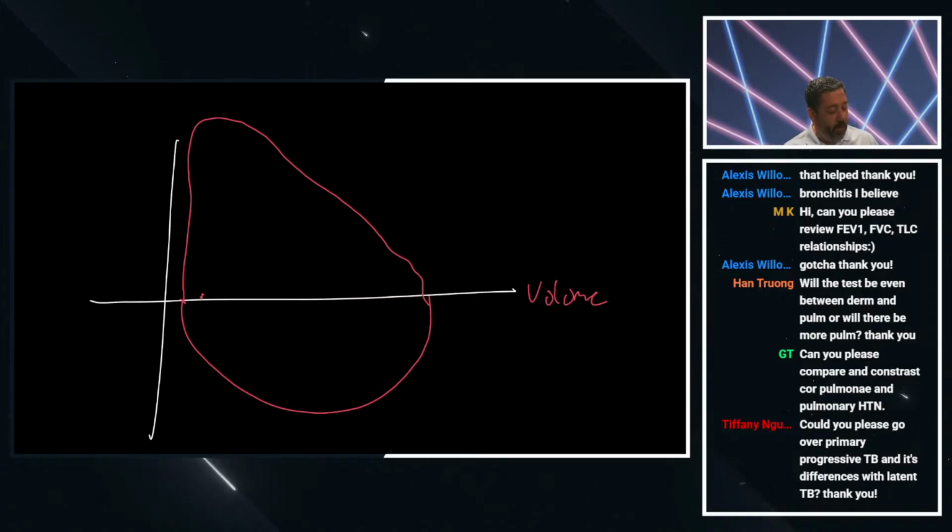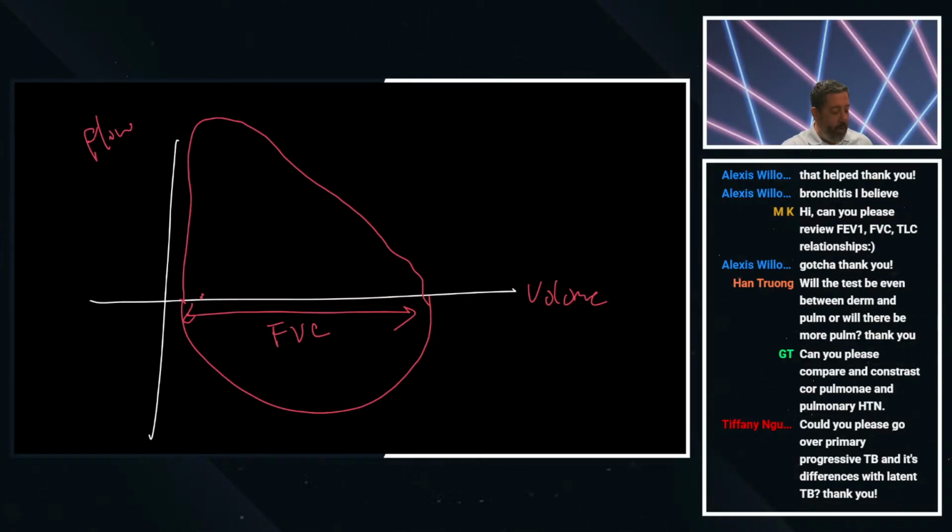The x-axis is volume, the y-axis gives you more of the flow. How fast is this stuff moving? Now, the width of this entire blob, whatever you want to call it, is your FVC, your forced vital capacity. It's a number.